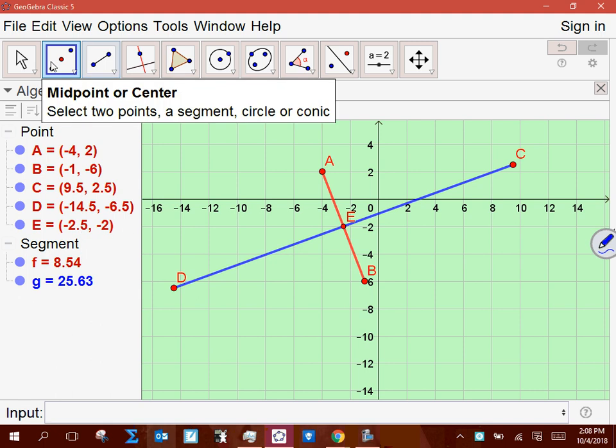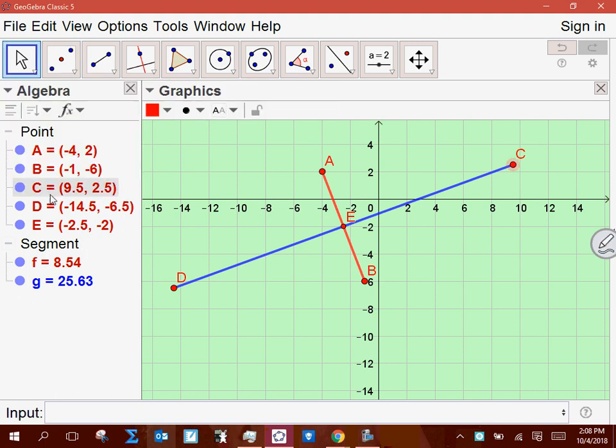Is that the same midpoint I get for the other segment? 9.5 plus -14.5 gives me -5. Divide by 2, you get -2.5. Take your y values, 2.5 plus -6.5 gives you -4. Divide by 2, it gives you -2. So it gives me the exact same midpoint on the blue segment. What's that telling me about the red segment compared to the blue segment? They bisect each other.